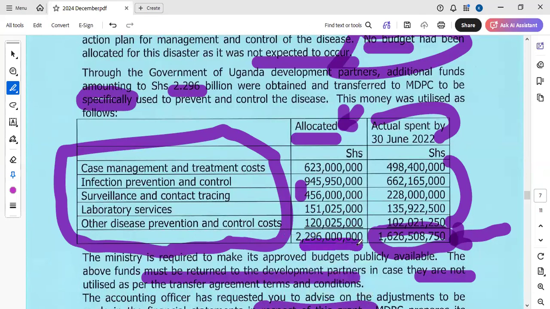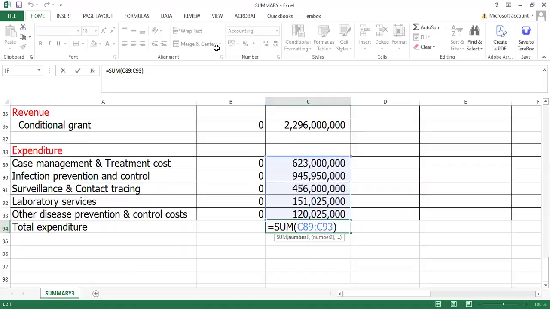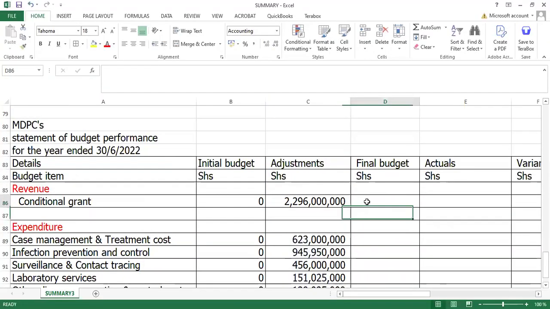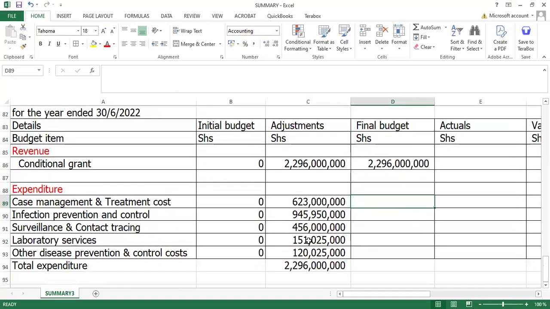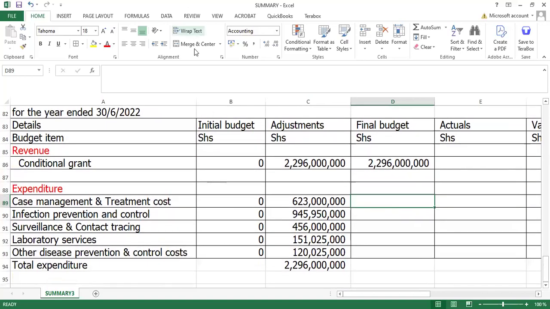Then from there, the final budget means that the final budget you're getting is the initial budget plus the adjustment. The adjustment could be that you're adding or you're reducing the budget.